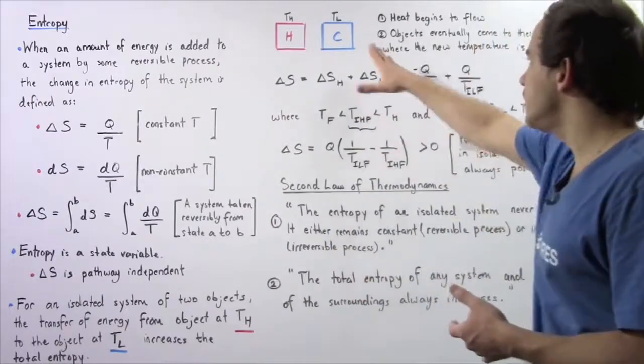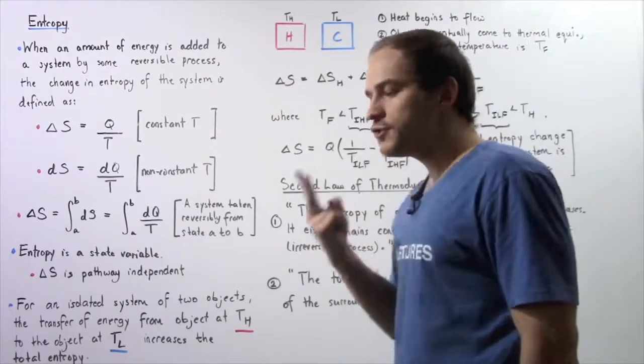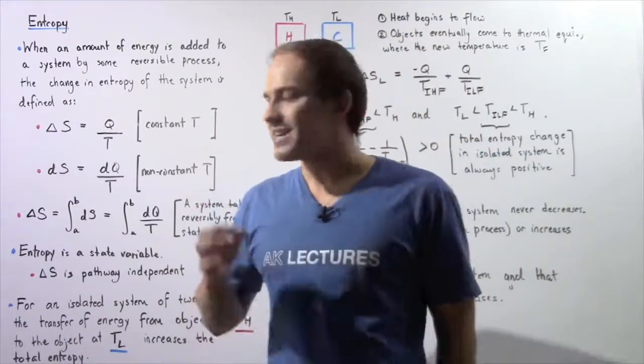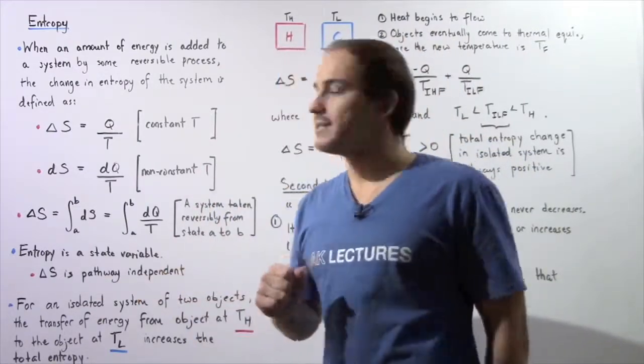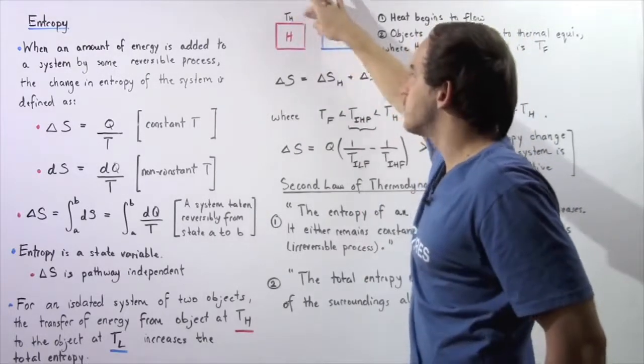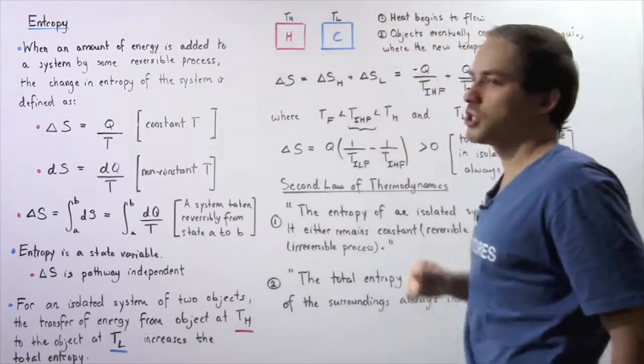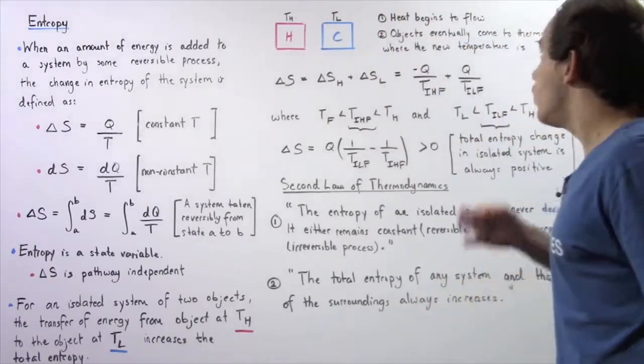So let's see exactly why by looking at the following scenario. Let's suppose we have two objects, and these two objects are our isolated system. We have an object H at a higher temperature TH and an object that is cooler at a lower temperature TL.